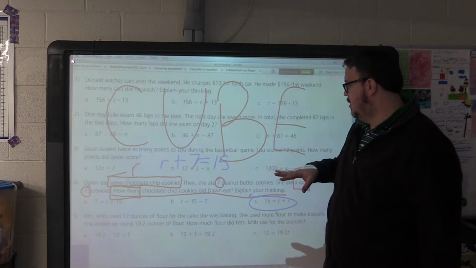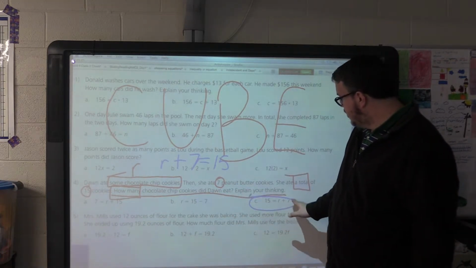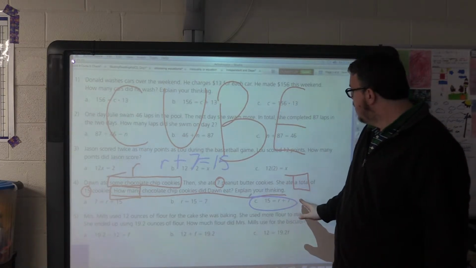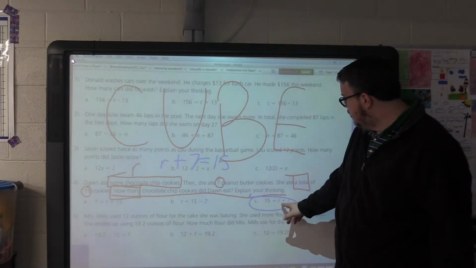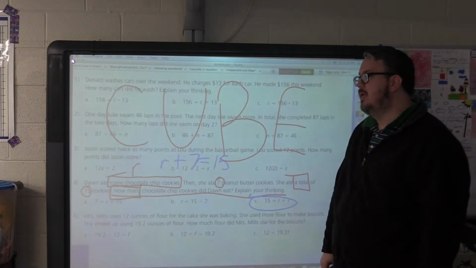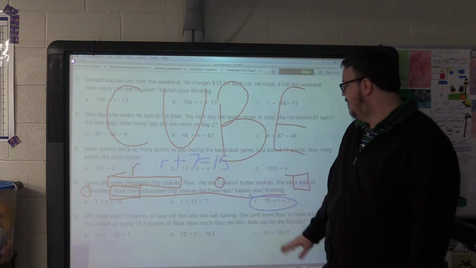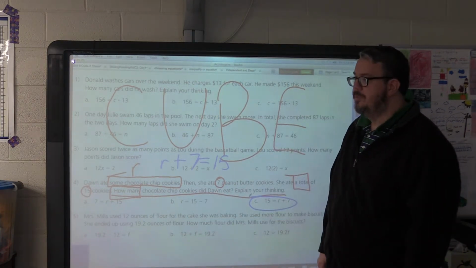Based on this story though, I would eventually use a little bit of inverse operations, and I would subtract 7 here to isolate the R, and I would subtract 7 from 15, and we'll get the answer. But this is like one step after we come up with our equation.